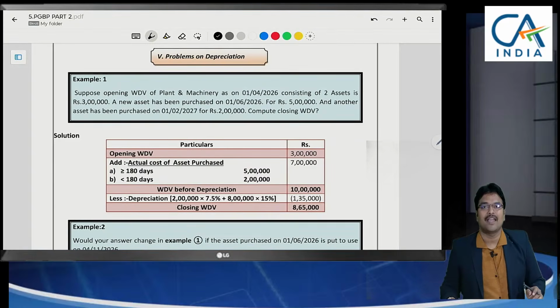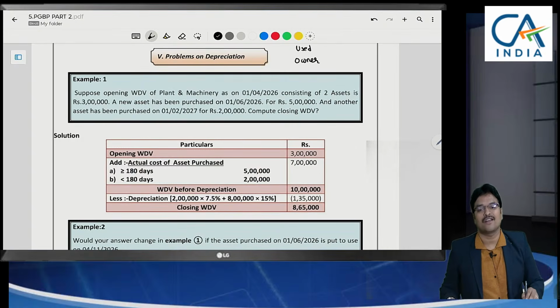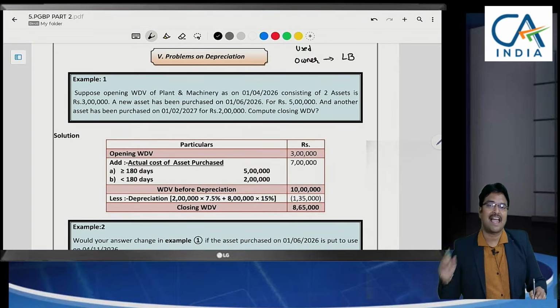Sir, in order to claim the depreciation, the asset must be used for the purpose of business, and another condition is the assessee must be the owner of the asset. The only exception to the owner is a leased building. If any capital expenditure is incurred by the lessee, he can claim depreciation.